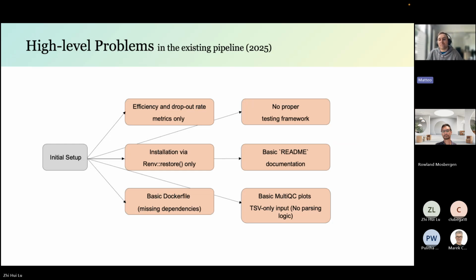There was no proper testing framework to validate the calculations of the metrics obtained from RepoC. The README documentation of RepoC was quite limited, and the MultiQC plugin generated only a limited set of plots, and there was no validation of the input to check whether the structure of the CSV/TSV file was correct.